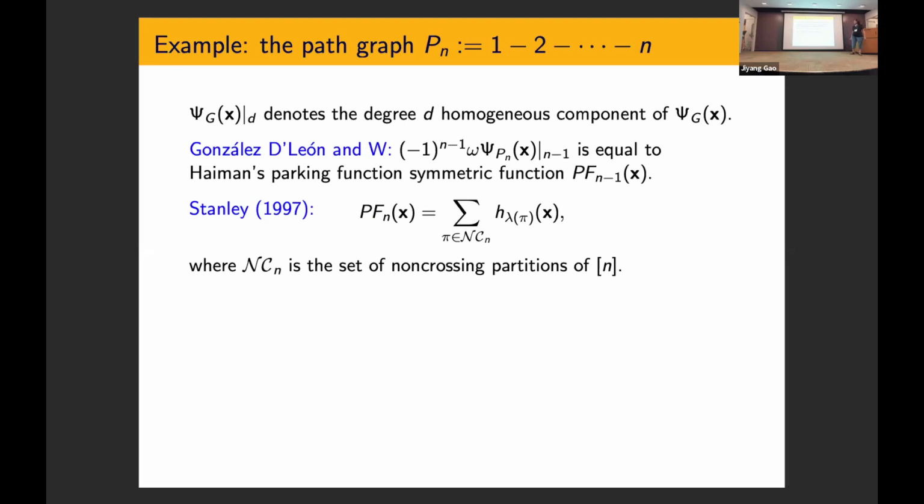So, Richard showed that the parking function symmetric function can be decomposed this way in terms of the complete homogeneous symmetric functions, where this is a set of non-crossing partitions. So, pretty result.